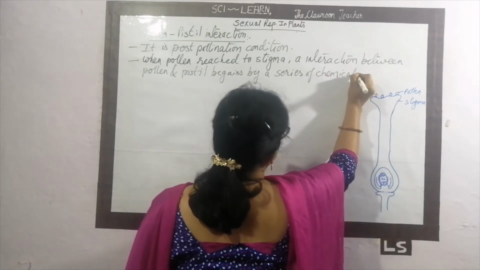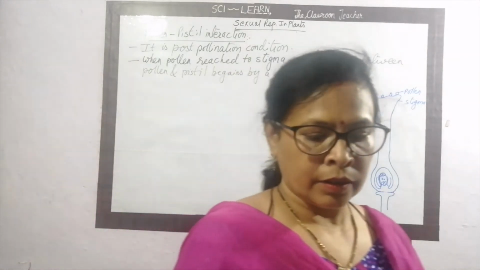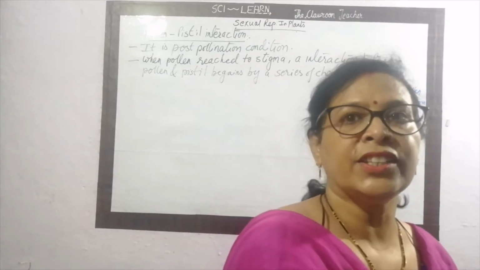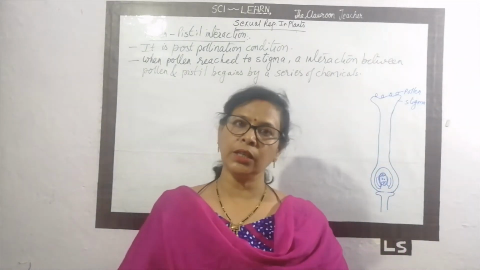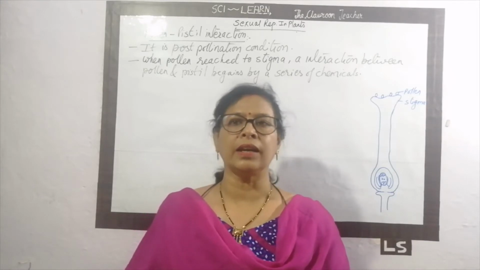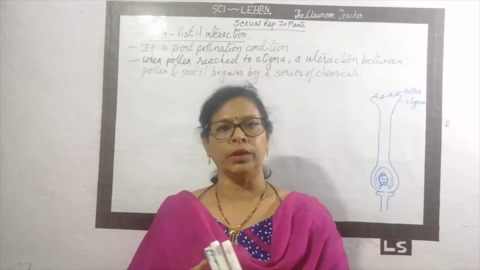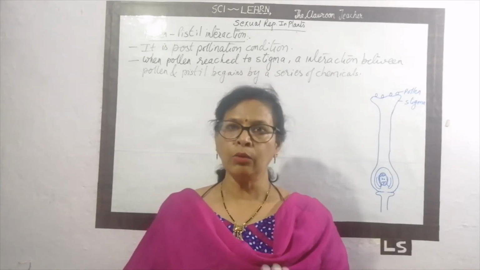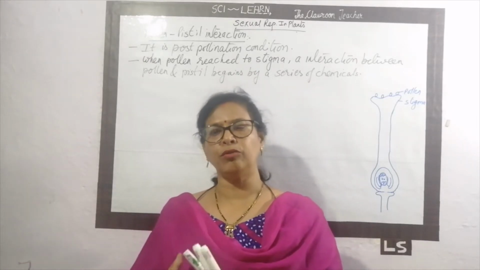These chemicals are released in a series, and due to that, the pistil is able to read the nature of the pollen. Actually, the pistil has to recognize whether the pollen is right or wrong. This interaction allows the pistil to recognize the correct type of pollen.